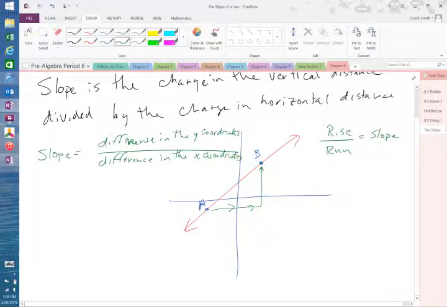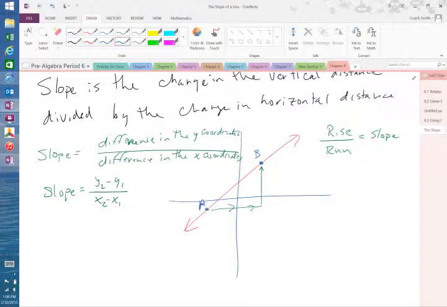Some algebra books will put it like this, and it's the same thing: y2 minus y1 over x2 minus x1. Basically the two y's minus the two x's. That's basically how we figure slope using the formula.